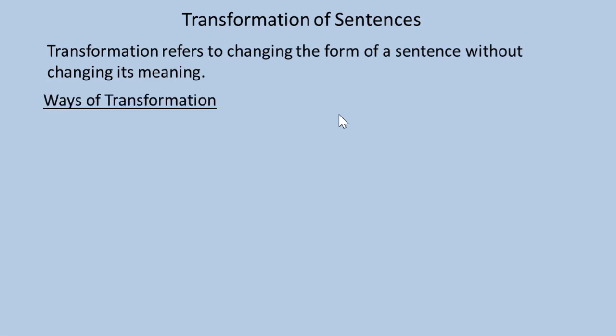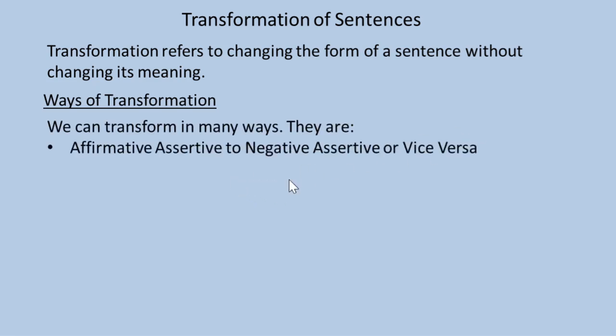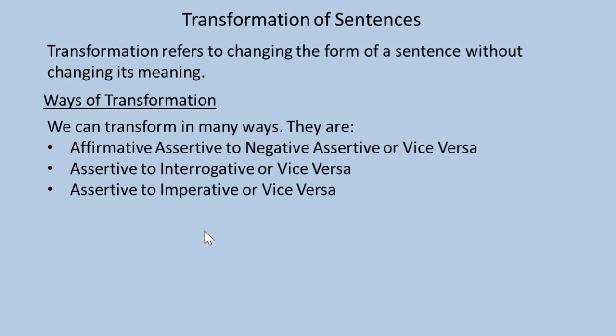Ways of transformation. We can transform in many ways. They are affirmative assertive to negative assertive, or vice versa, assertive to interrogative, or vice versa, assertive to imperative, or vice versa, assertive to exclamatory, or vice versa.